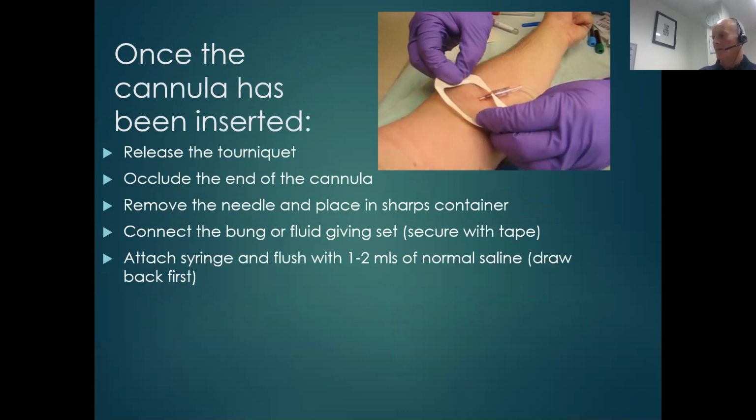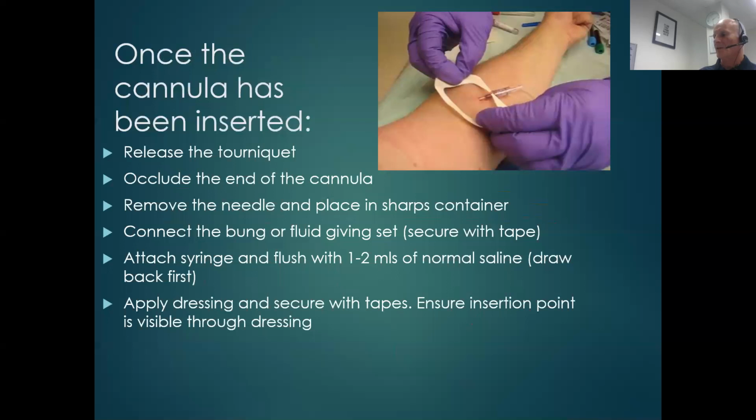Secure with tape. Attach syringe and flush with 1 to 2 mils of normal saline. We want to make sure, just draw back a little bit to make sure that everything's correct, and then insert and flush. Apply dressing and secure with tape. Ensure insertion point is visible through the dressing.